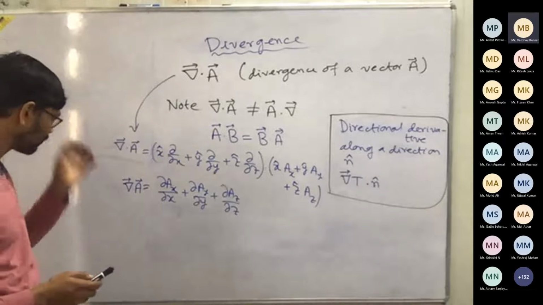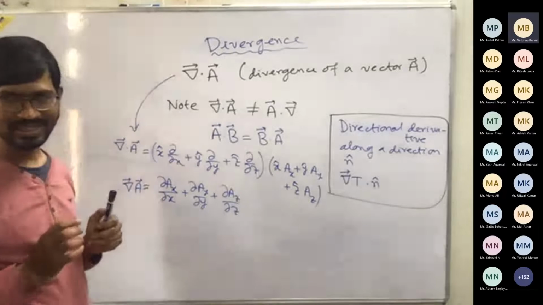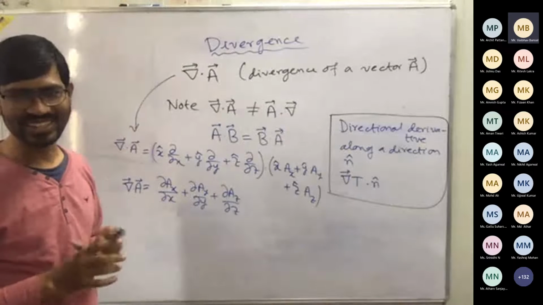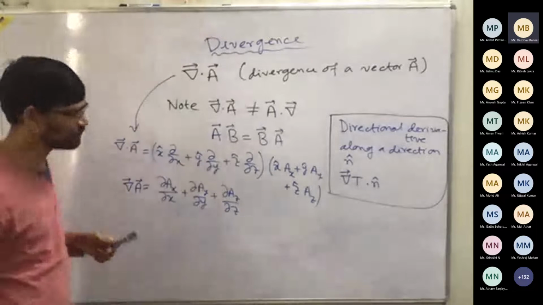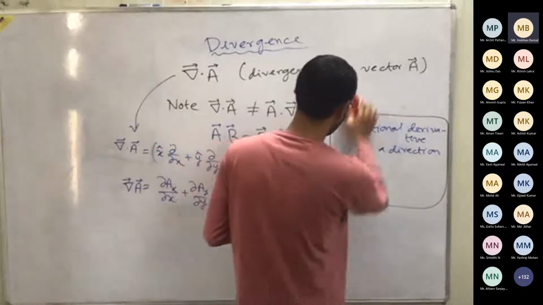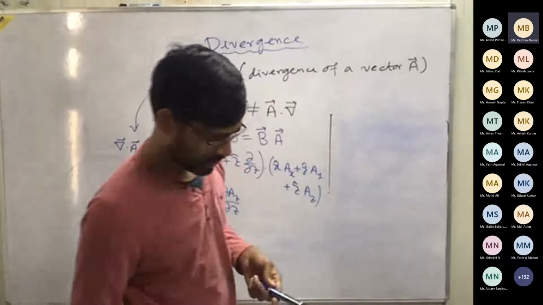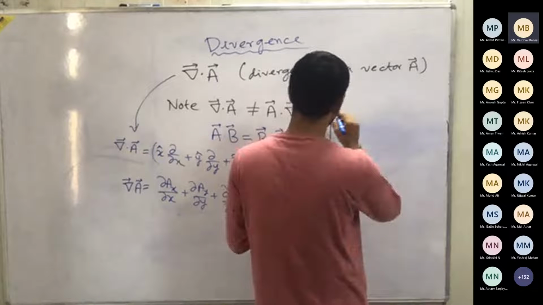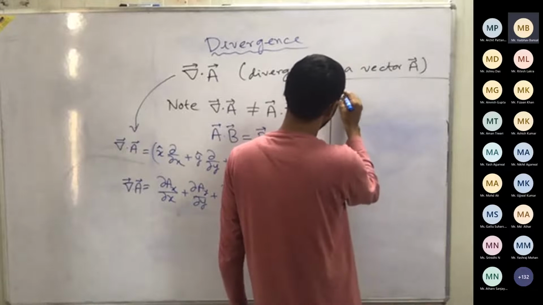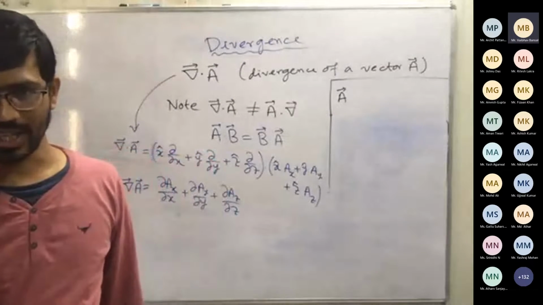Now let me take an example. Things are very easy if you take an example. So I have space here, I utilize this space. Now I have to take an example in which A is a vector.